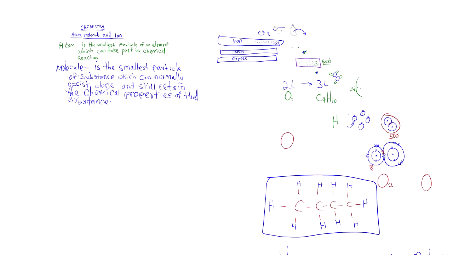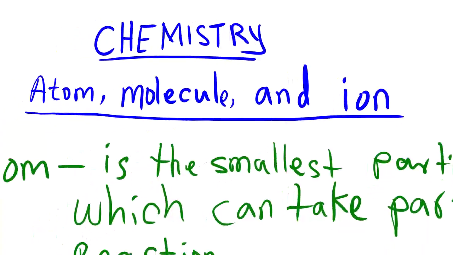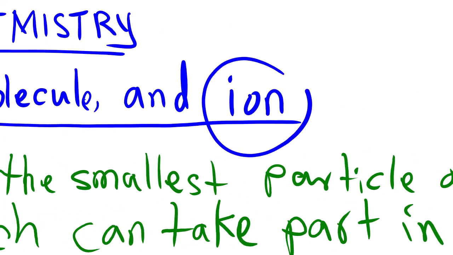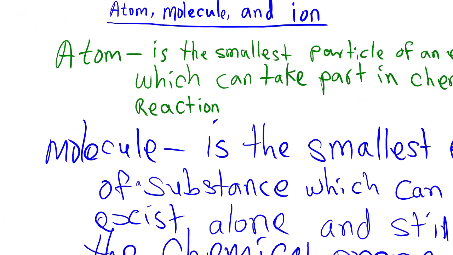Now the last one, we talked about atom and molecule, the last one is ion. We talked about ion yesterday, in our previous class. We said that whenever we have an atom, let's say this is hydrogen, when this atom gains or loses an electron, then we produce an ion.